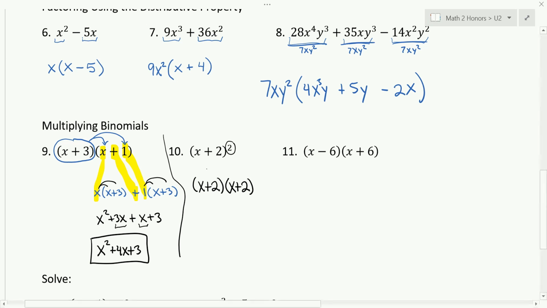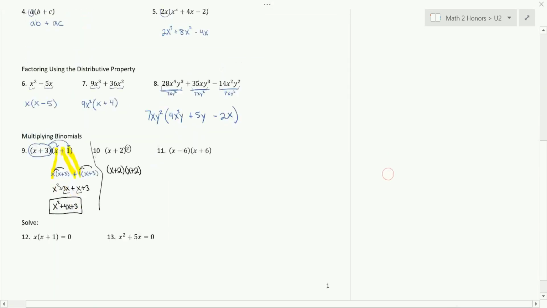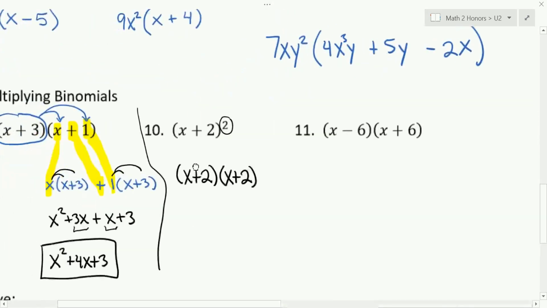We're going to take the first x plus 2 and multiply it with that first x, and it looks like this: x times x plus 2, plus, take the first x plus 2 and multiply it with the 2, and you get 2 times x plus 2.